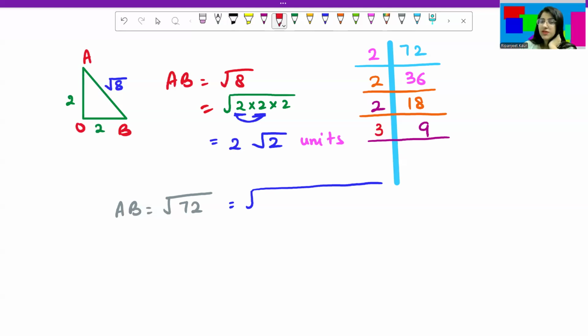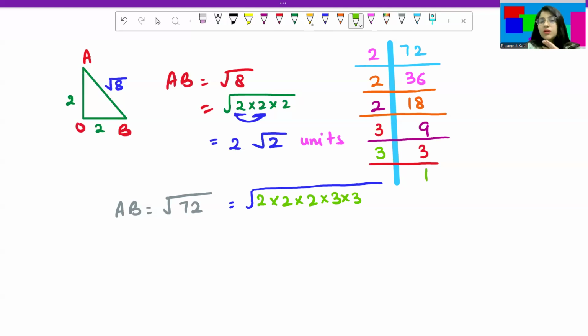What do we get? 3. And what is the smallest number that we can divide 3 with? 3. Prime number, not 1. Okay, so we are getting 1 here. So the prime factors of 72 are 2 times 2 times 2 times 3 times 3.